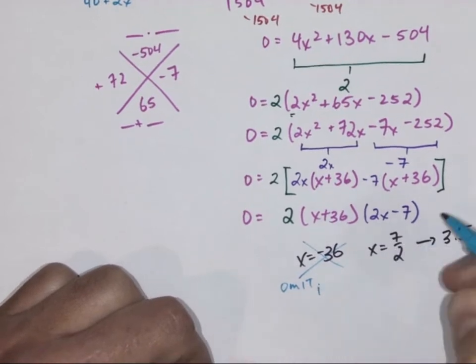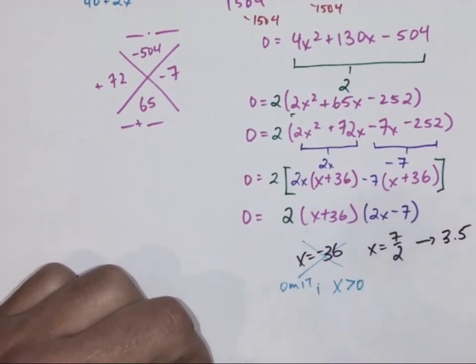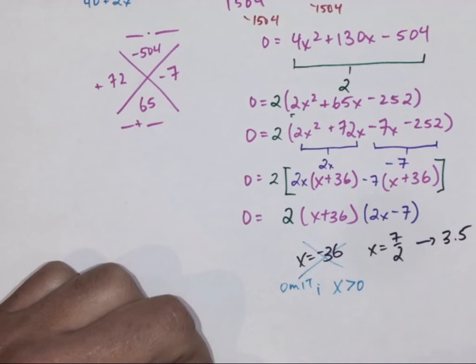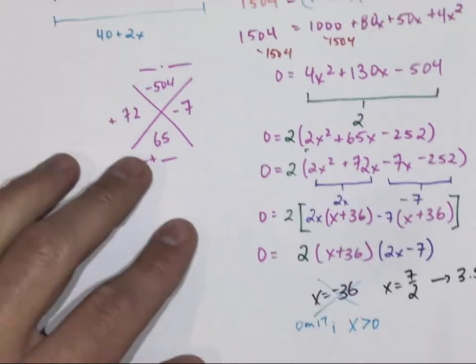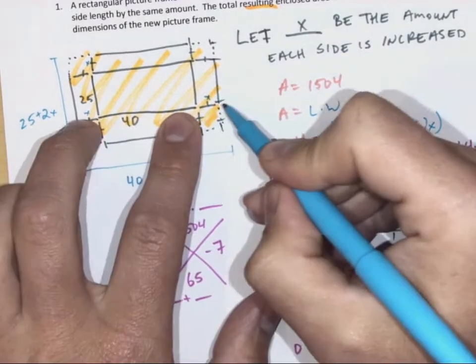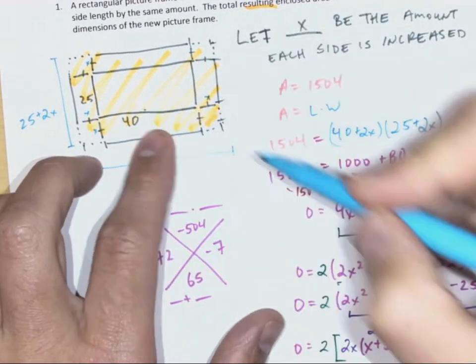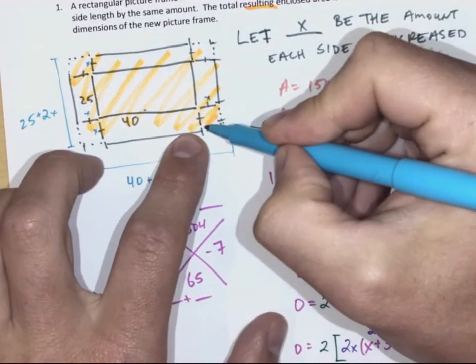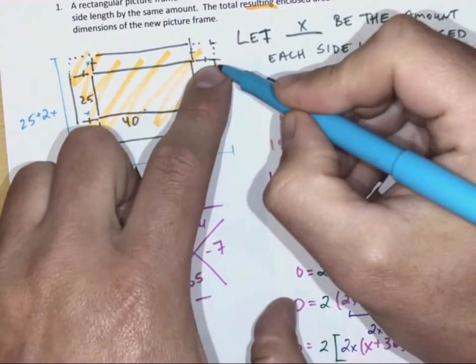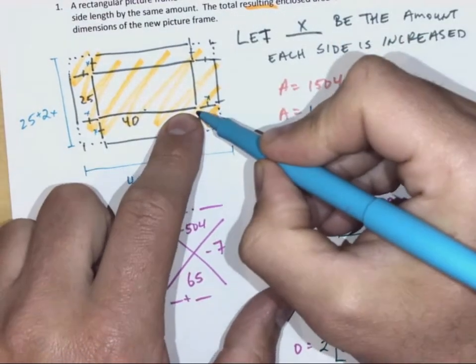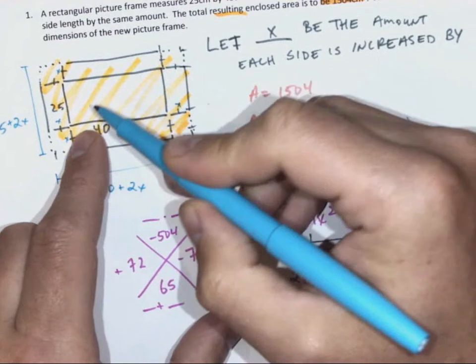The reason is that x needs to be greater than 0. We cannot increase by a negative number. So that's 3.5. So each side is going to be increased by 3.5 to keep this frame centered. 3.5 added to the bottom, 3.5 added to the top, 3.5 centimeters added to the right, 3.5 centimeters added to the left.